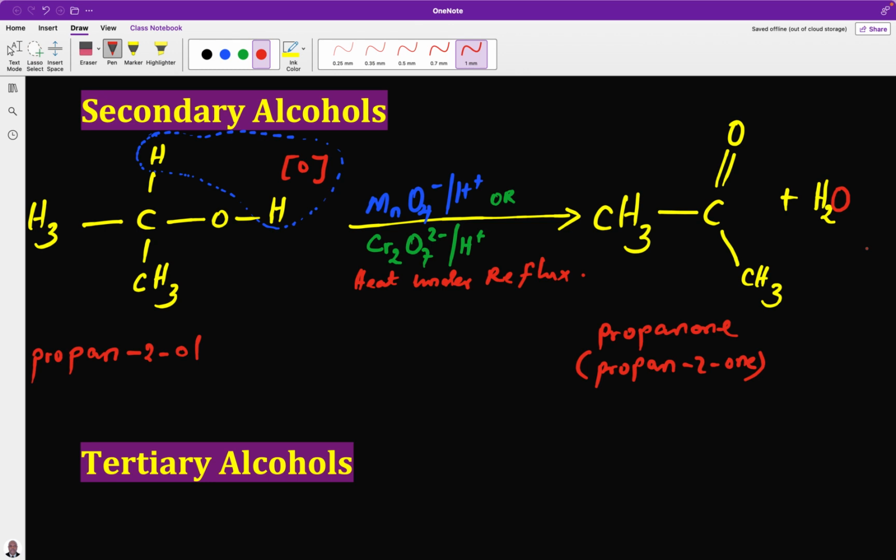In this case, we are using propan-2-ol as our secondary alcohol, and we get propanone and a molecule of water.